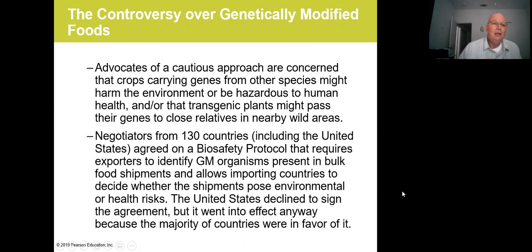And if you feel uncomfortable about that, think about that next time you go to the supermarket and you find foods, fruits and vegetables in the supermarket as fresh that are not available locally because it's the wrong time of year.